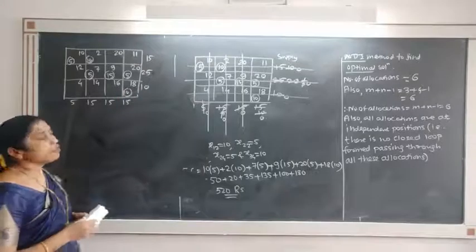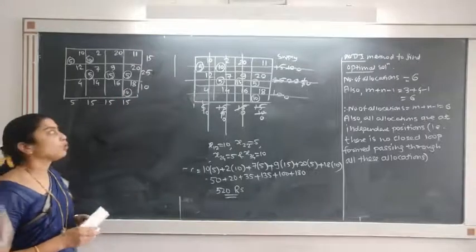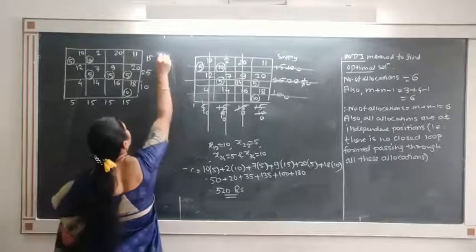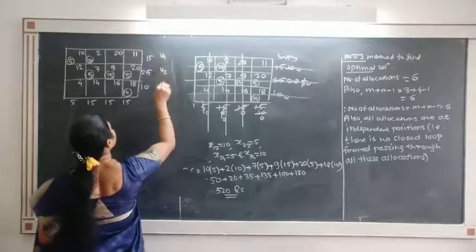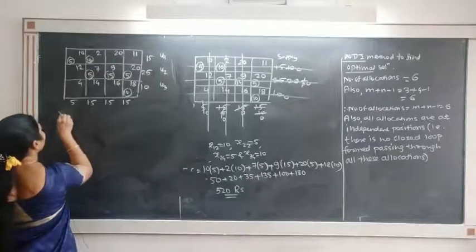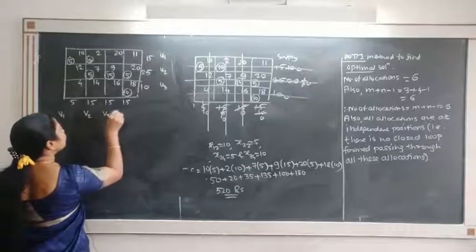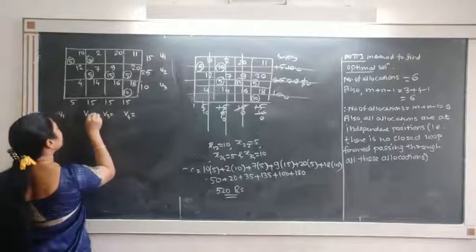Now see, we will start with multipliers. So assume the multipliers for rows as u1, u2, u3, and for columns as v1, v2, v3, v4. These are the multipliers.